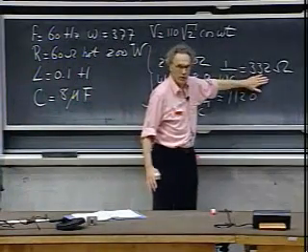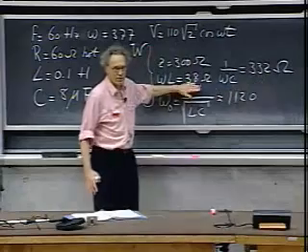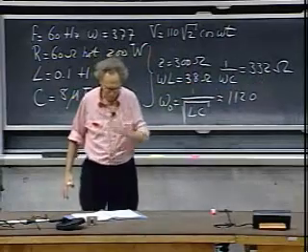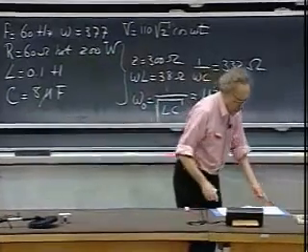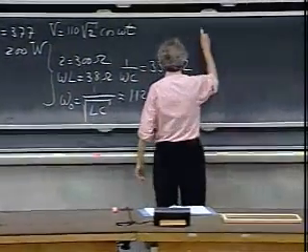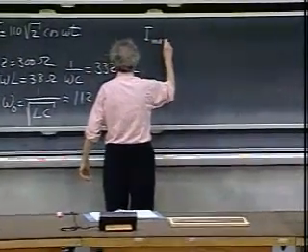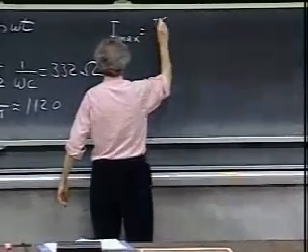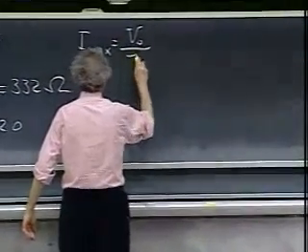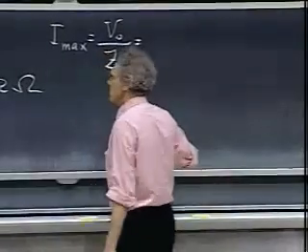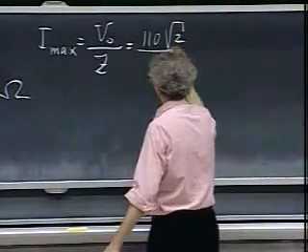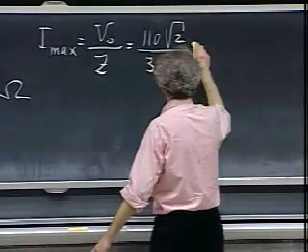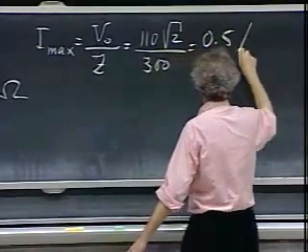Look at the 332 ohms and compare that with the 38. I can calculate now what the maximum current is that we get, I max. That is V0 divided by Z, that impedance. So that is 110 square root 2 divided by 300 ohms, and that is 0.5 amperes.